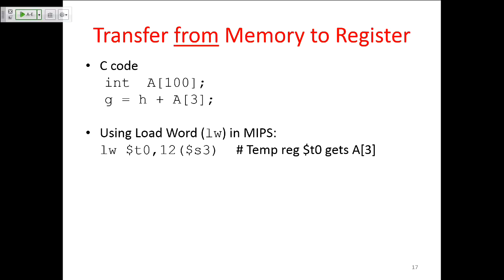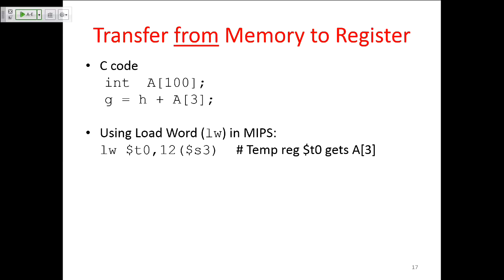So the answer was you have to add the size of 3 words. So why a word? It just so happens that ints are the same size as a word. An int is 32 bits, which is exactly the size of my word.